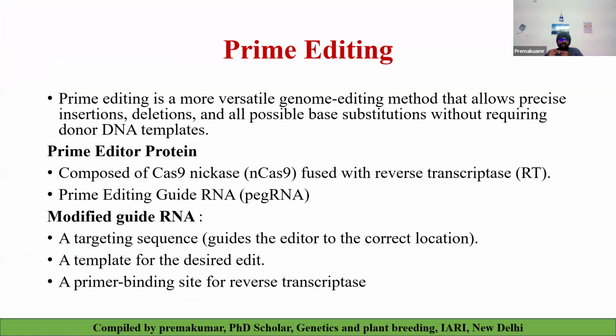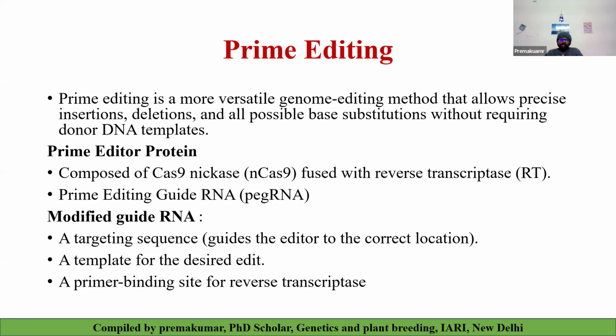If you want to introduce a particular sequence or a gene, we need a template. But sometimes we don't have a template, and template-guided repair has a very low frequency, happening only in a certain phase of the cell cycle.